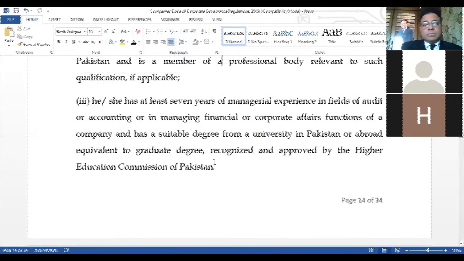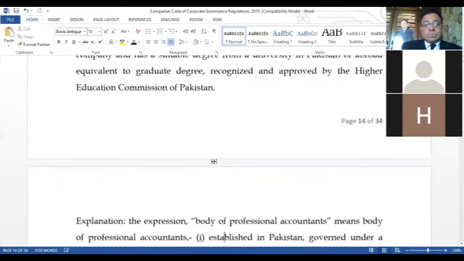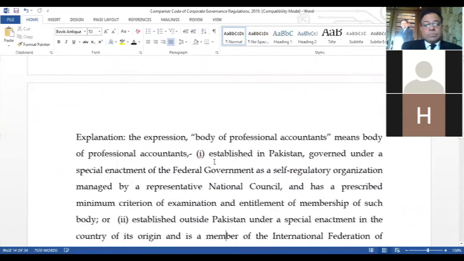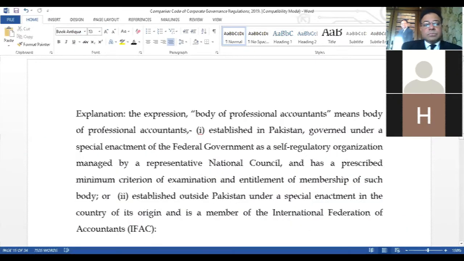3. He or she has at least 7 years of managerial experience in fields of audit or accounting or in managing financial or corporate affairs functions of the company and has a suitable degree from a university in Pakistan or abroad, equivalent to a graduate degree recognized and approved by the Higher Education Commission of Pakistan. Explanation.